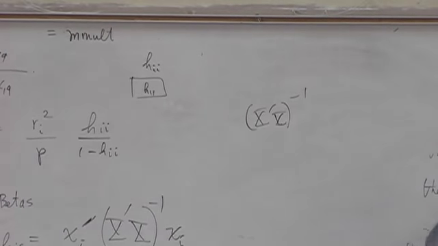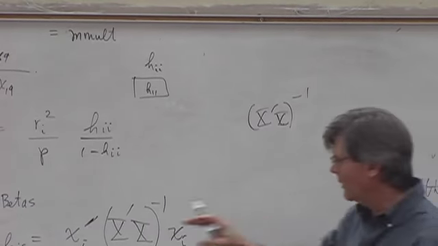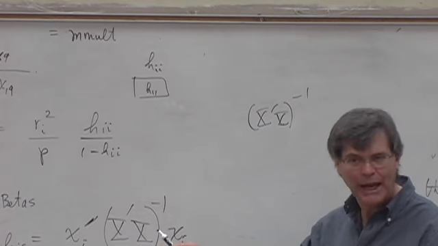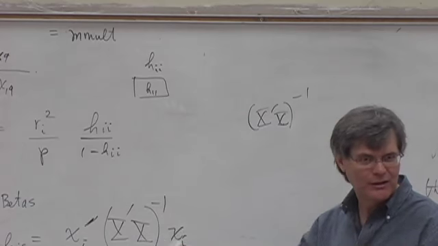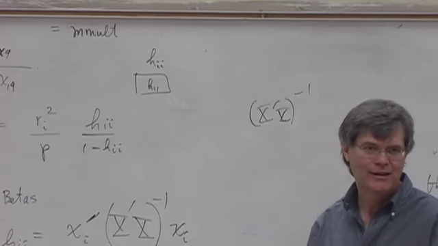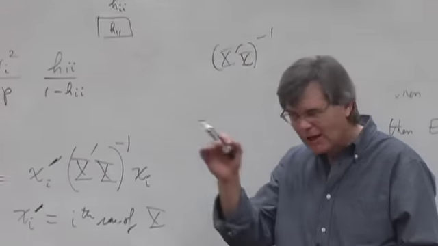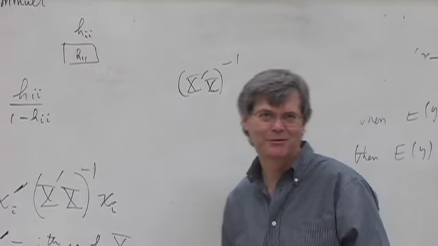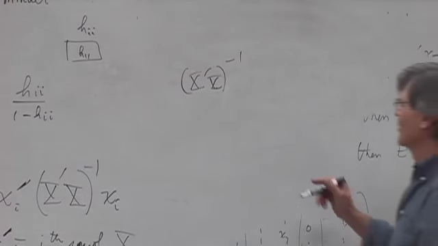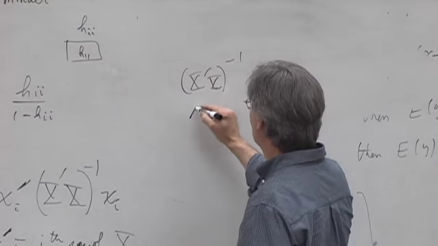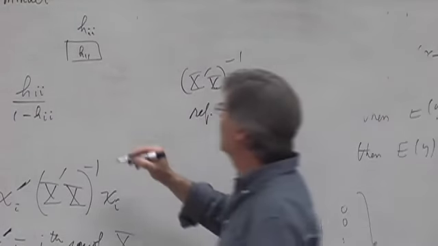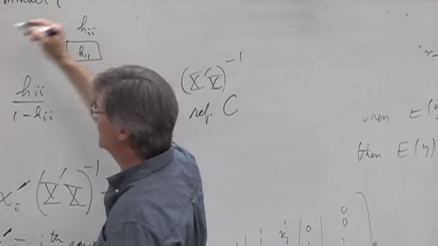It's a 10 by 10, which is the problem with the capital H matrix: it's big, n by n. If you really had a lot of data, it'd be a pain to make a big space for H and reference it, counting columns to get exactly the right number. So your reference for x prime x inverse is C. Then you put MMULT, then highlight this row.